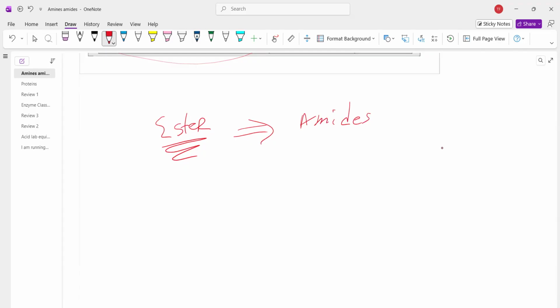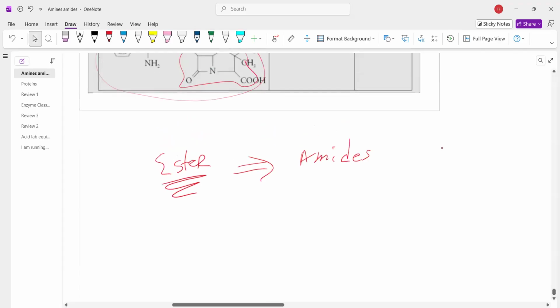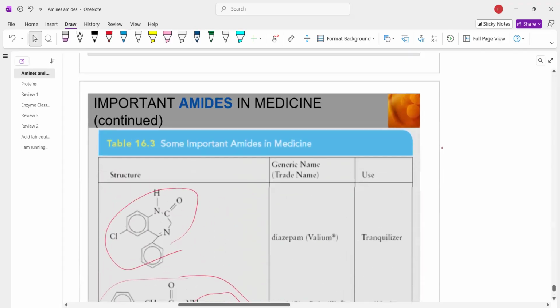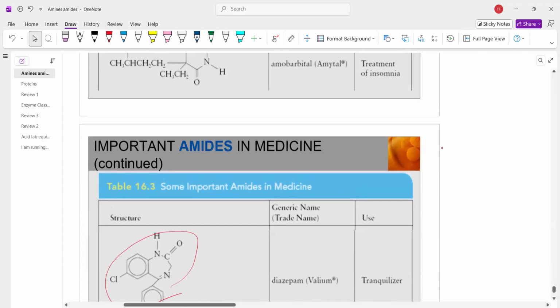The concept is the same. You're taking two substances together, one being an acid plus an alcohol or an amine, and creating the ester or amide. So I want to encourage you to download those worksheets and get some practice doing these.